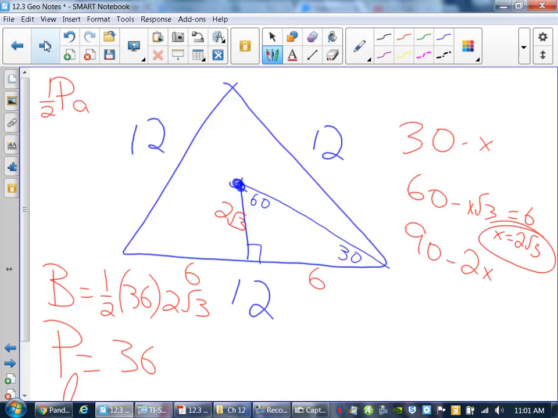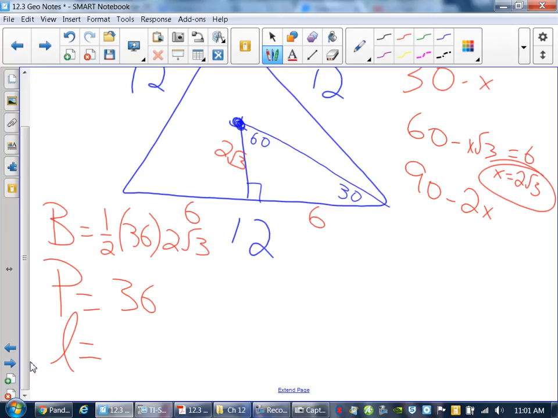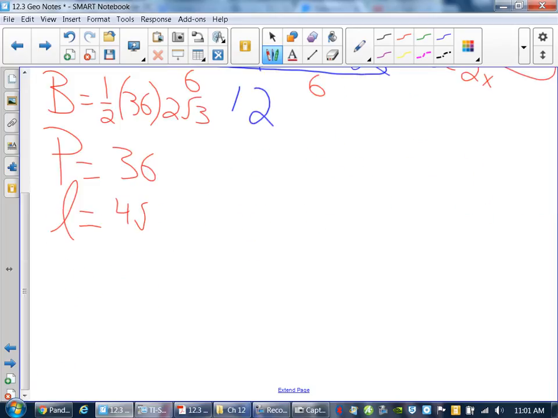And then that's when your area formula comes in. So put it all together. Half, 36, 2 root 3, plus half, 36, 4 root 7.